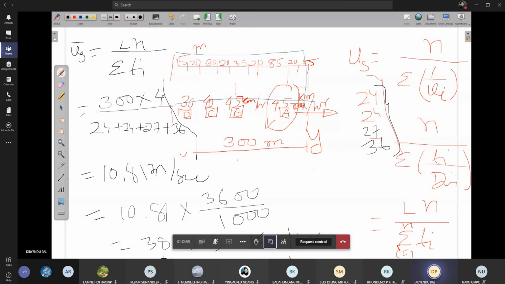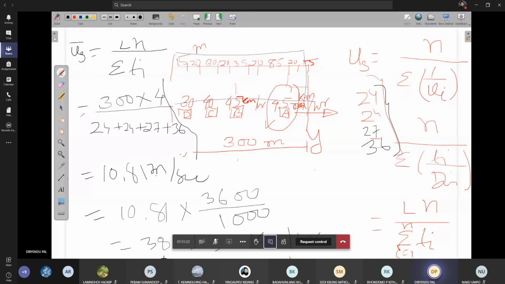So flow and density are using somewhat similar terms. This many PCUs are there. Flow, what we are saying, is this many vehicles per hour, or if you say this many PCU per hour, it means this many equivalent cars, say 5,000 equivalent cars, are there on the road section.